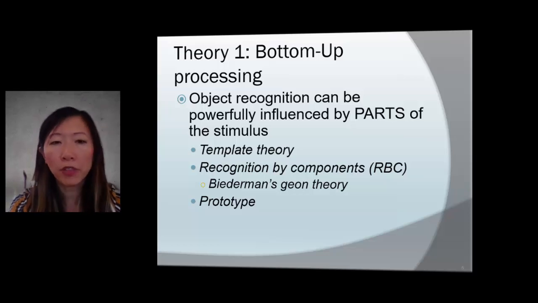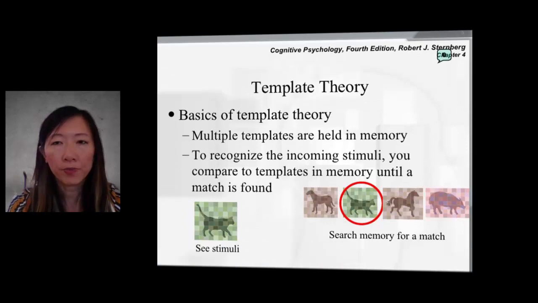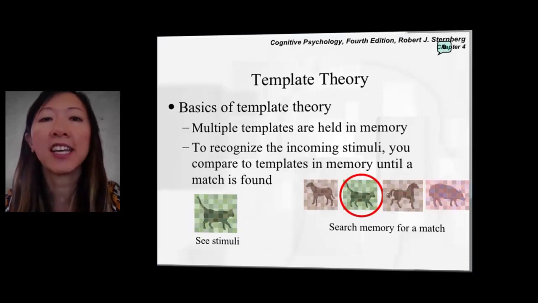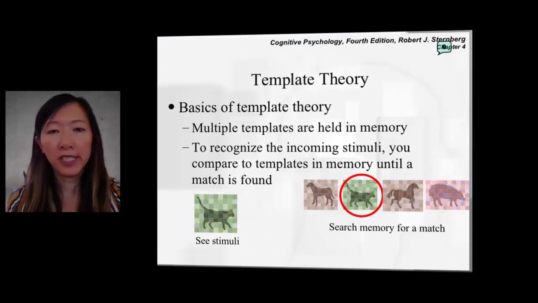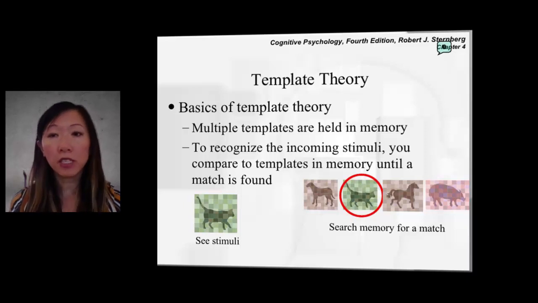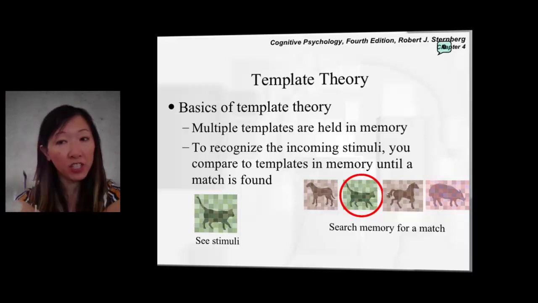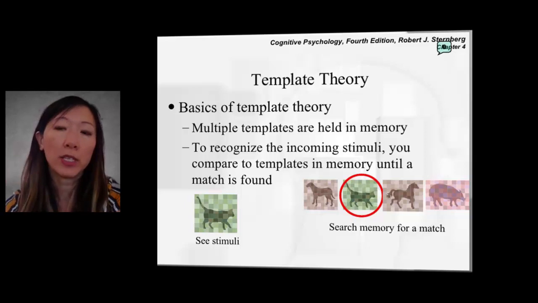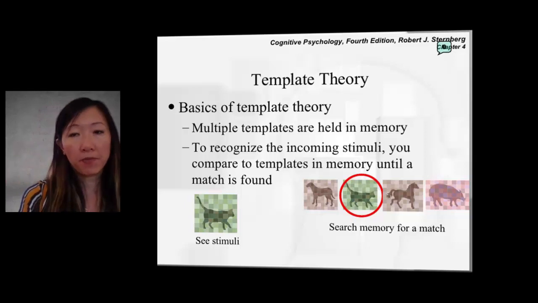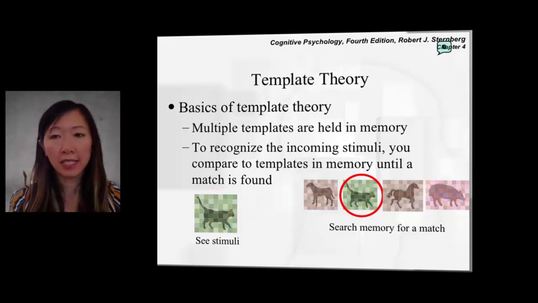So we have the template theory, which states that we have multiple templates held in our long-term memory, and whenever we see an object, we map that object exactly onto a template. If it doesn't match, then we don't recognize what it is. This is a picture of a cat as a stimulus.